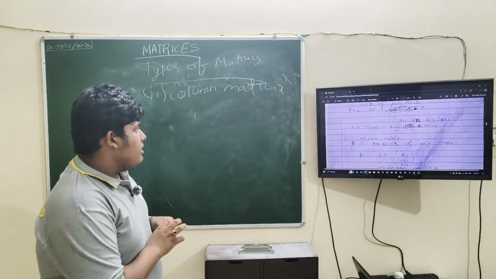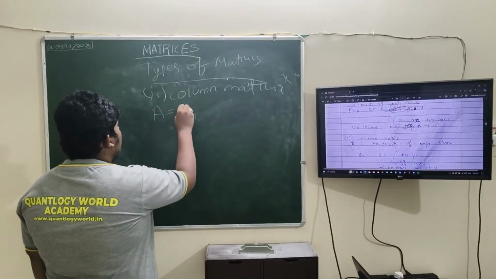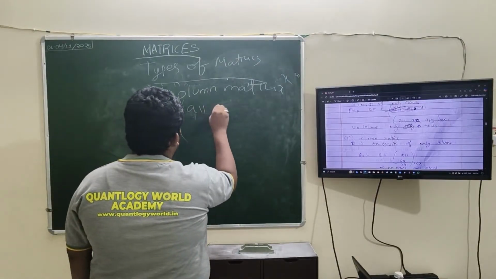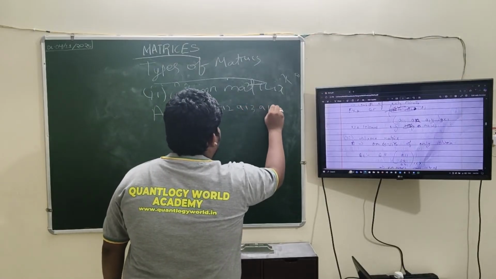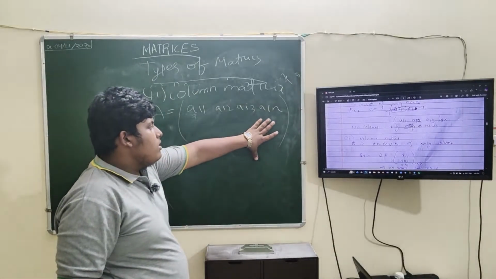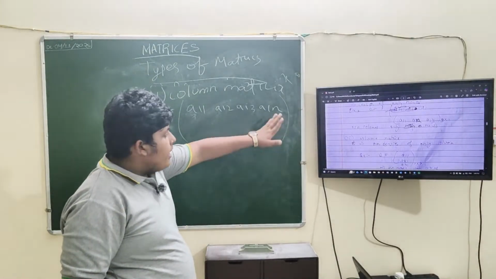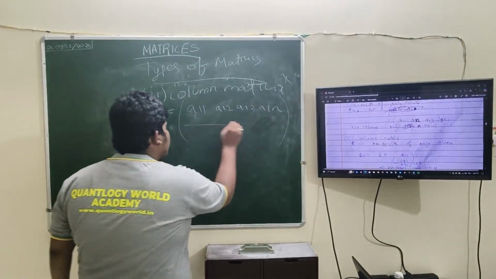So let's write the general form of it. A11, A12, A13, up to A1n. So the number of columns can be anything. It can be infinite, but the number of rows remains only one.